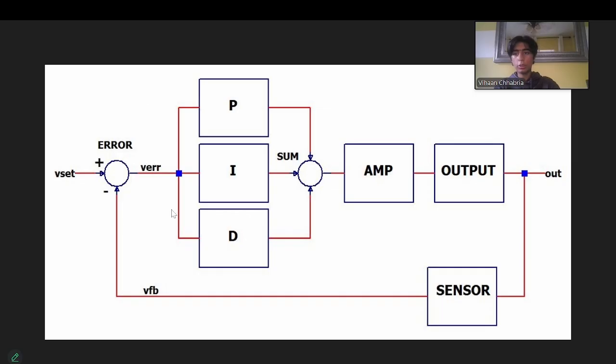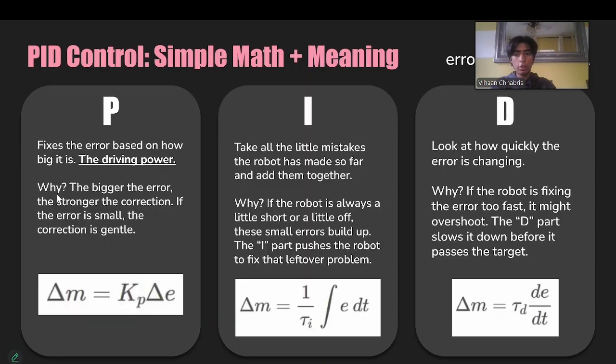So this is what our PID system would look like in a system, right? We have our PID, and we plug into it our current position, because our PID takes in our error, which is the distance between our set point and our current position.